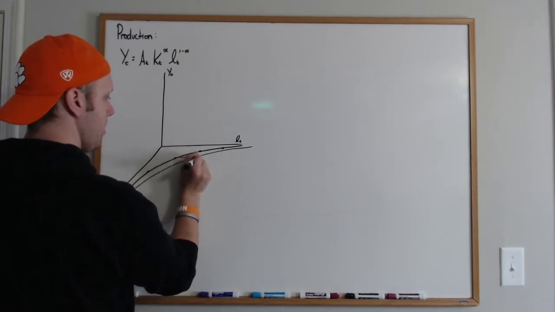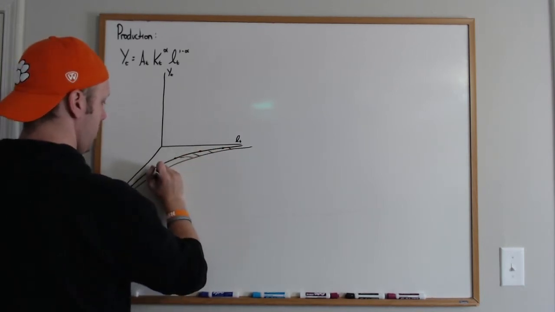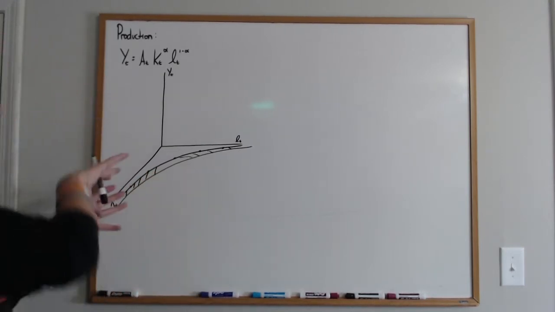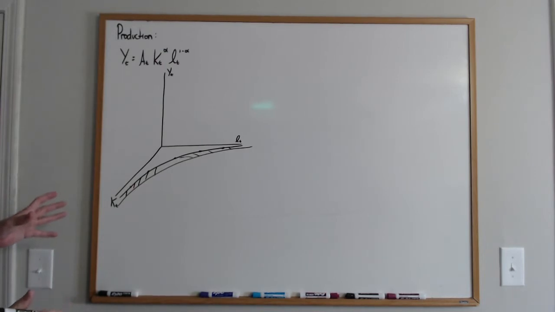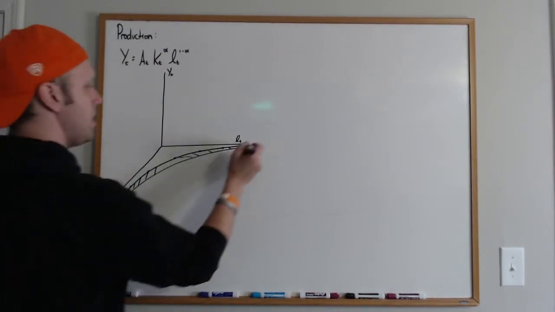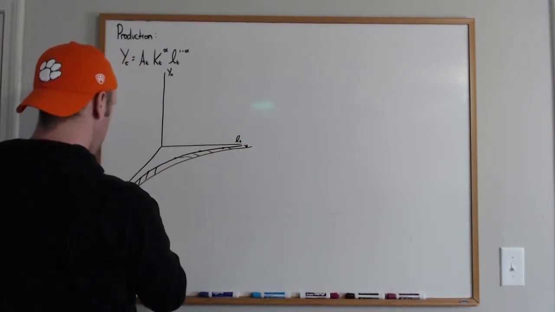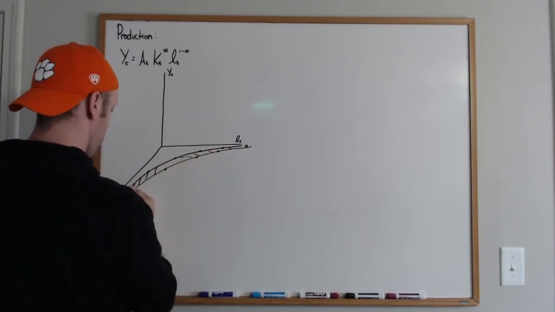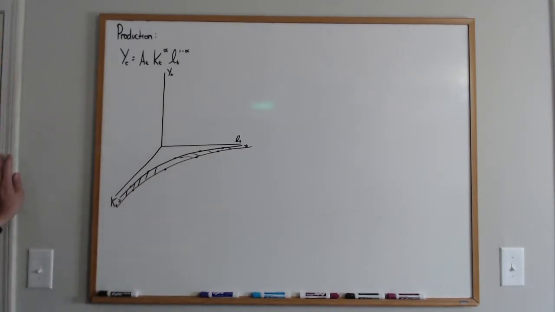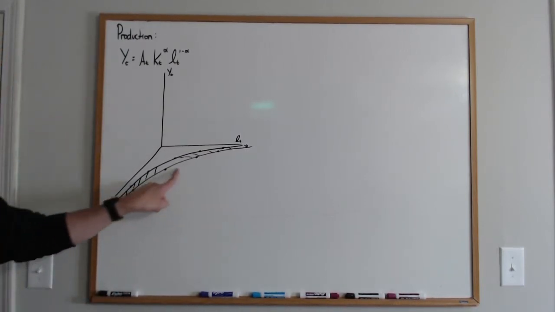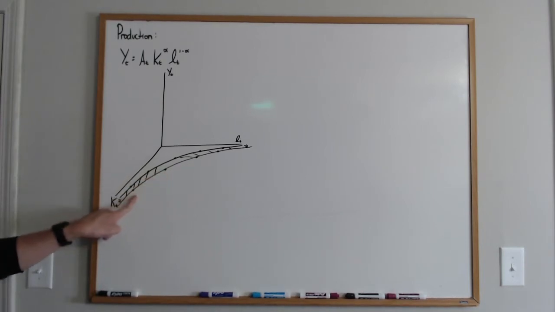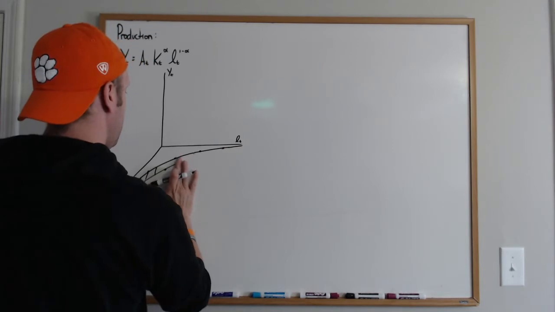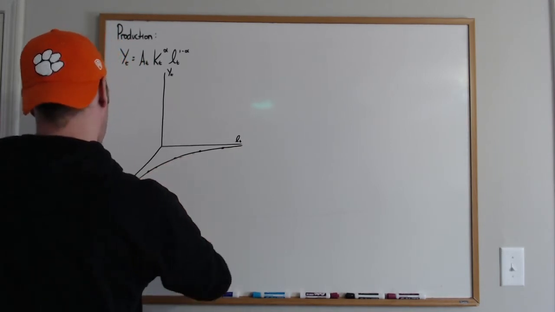My drawing is quite bad, in case you haven't noticed. It's starting to go out. It looks really terrible, actually. But this is a higher level of production. And if you're here, here, here, or here, again, you're producing this level curve of output. Let's draw out what this would look like in 3D.